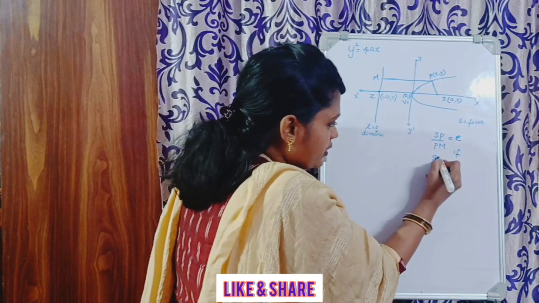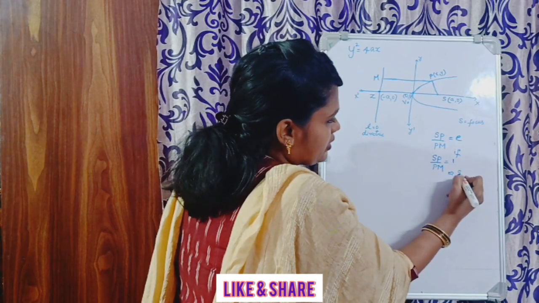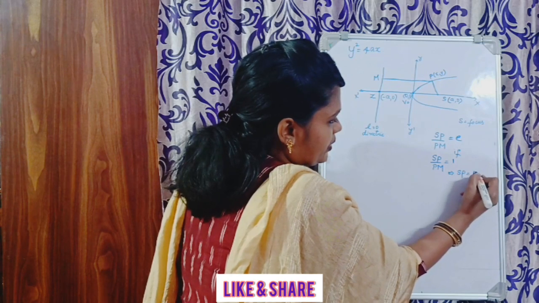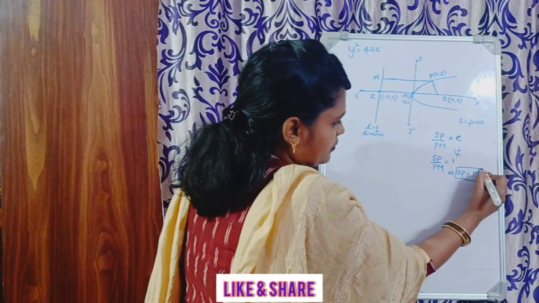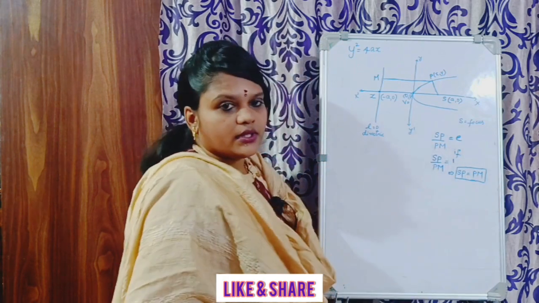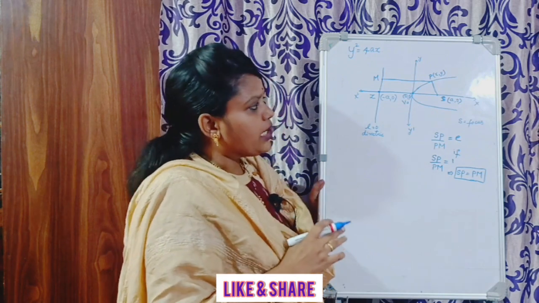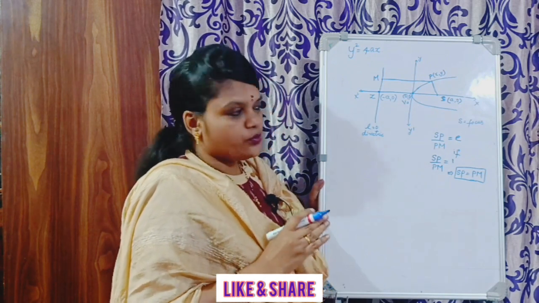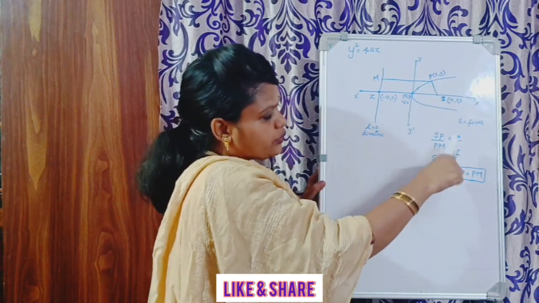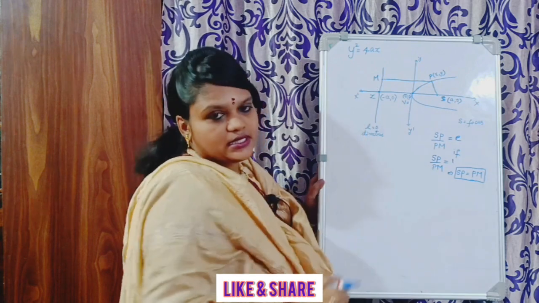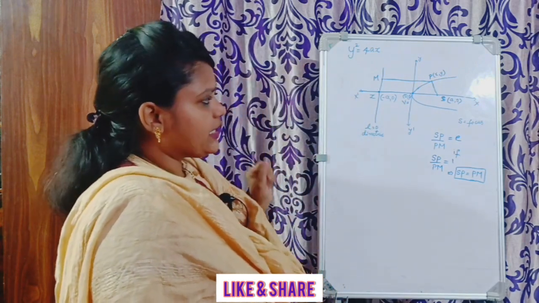So if eccentricity is equal to 1, then we get SP is equal to PM. In other words, the parabola is the locus of a point which moves such that the distance from a fixed point is always equal to the distance from a fixed line. Understood?